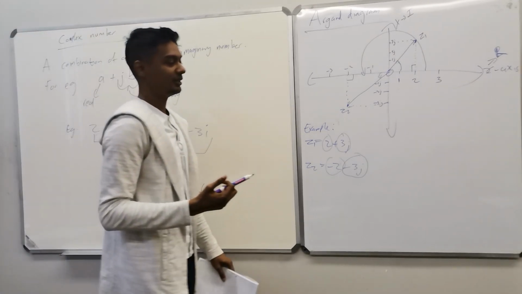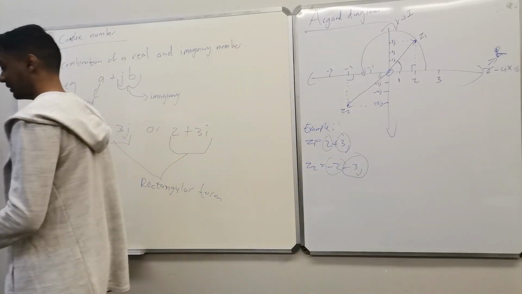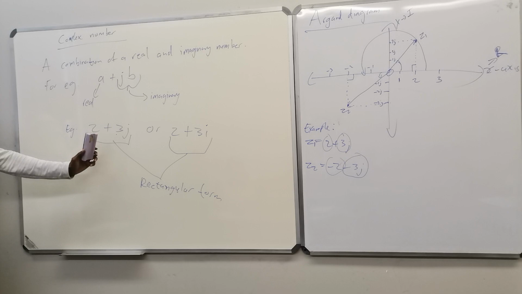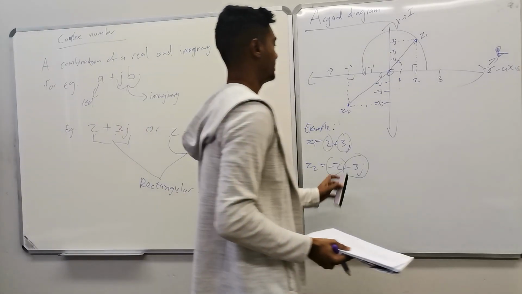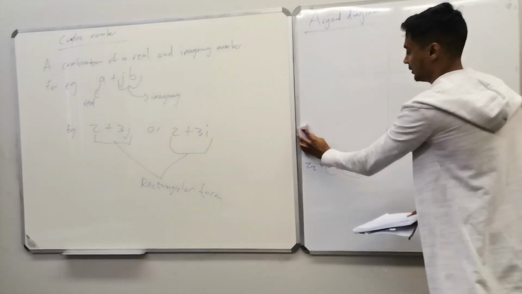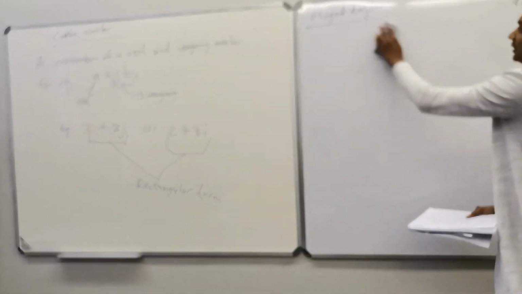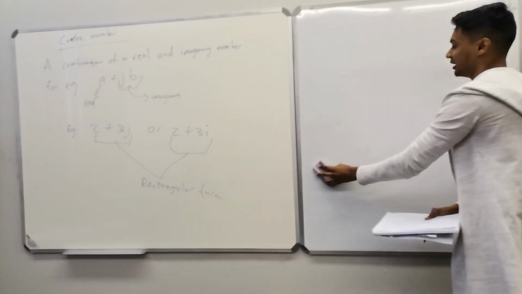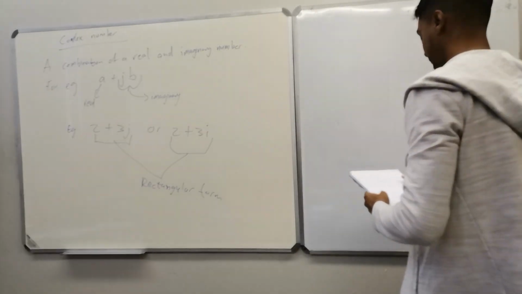Now, if I have to give you some advice, the main thing they'll be testing you on in the test is to be able to convert from rectangular to something called polar form. If you can efficiently convert from rectangular to polar, you got 12 marks already.